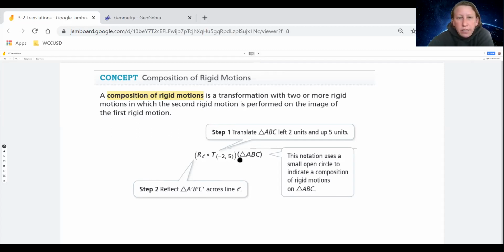So here's the shape we're starting with. Then we move it, we slide it, we translate it, 2 to the left and 5 up. And then we reflect it over some line called L. T stands for translate, capital R is for reflect.